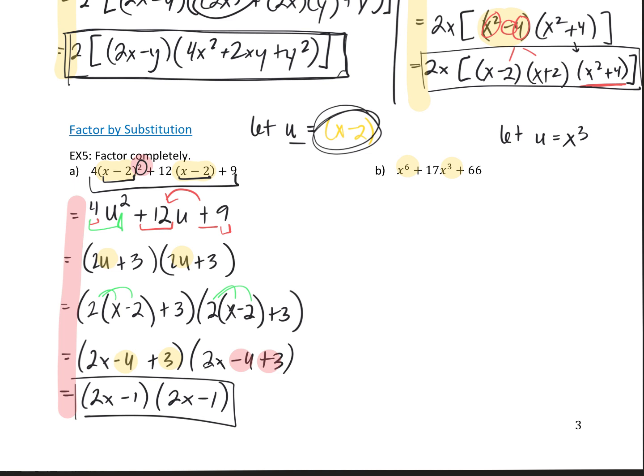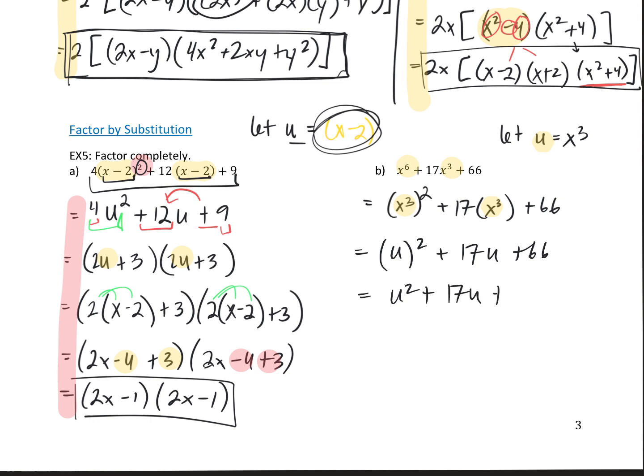Okay, there we go. That's going to be x cubed squared plus 17 times x cubed plus 66. Now we're going to go ahead, substitute the x cubed for the u, and we have u squared plus 17u plus 66.